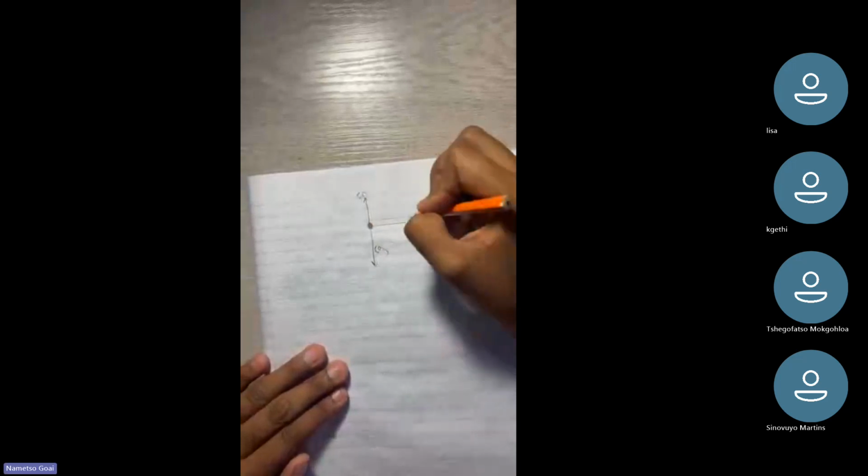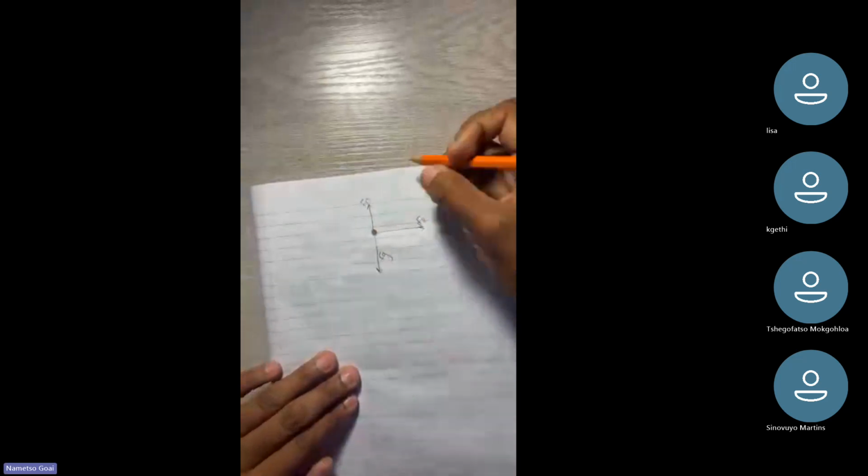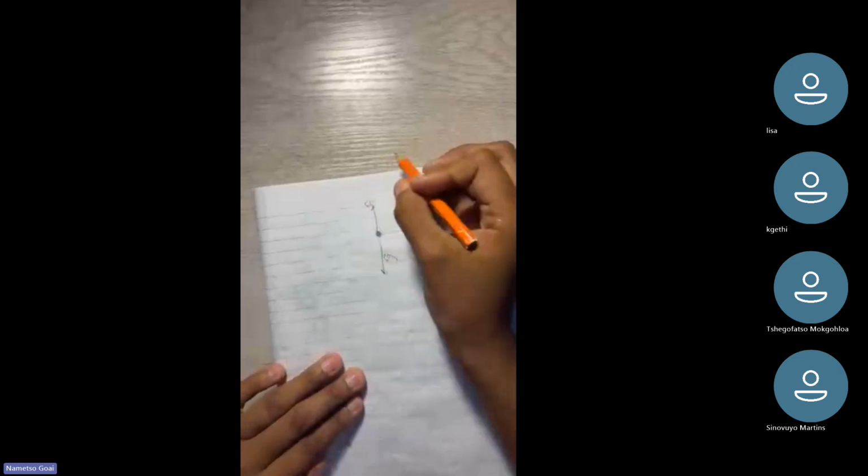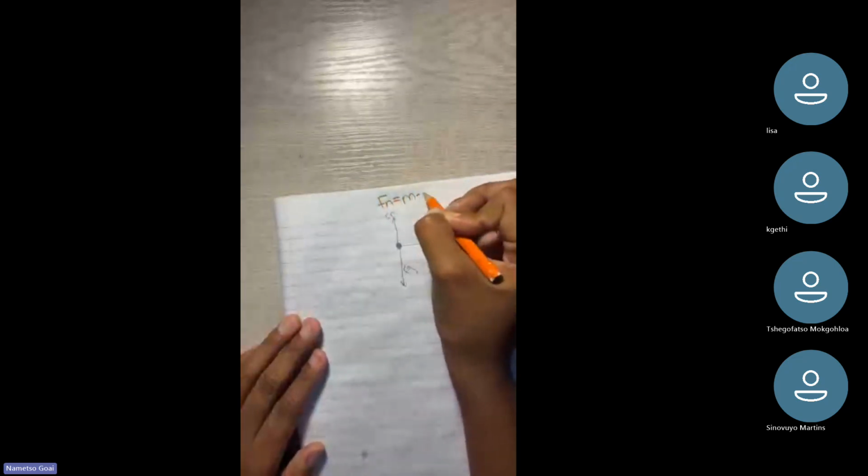I'm only going to name the ones where we can calculate mass. The normal force formula is Fn equals m dot g. This is the formula to calculate the normal force.